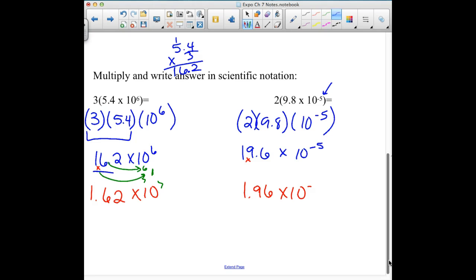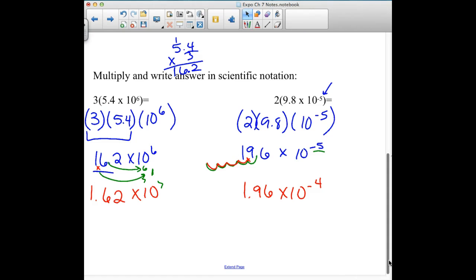All right, what will that power be? Well, originally we were going 5 places since it's negative to the left. So 1, 2, 3, 4, 5. If we move our decimal to where the red X is, then we only have 1, 2, 3, 4 spaces to move to get to where we're supposed to be. So we only need a negative 4 as our exponent.